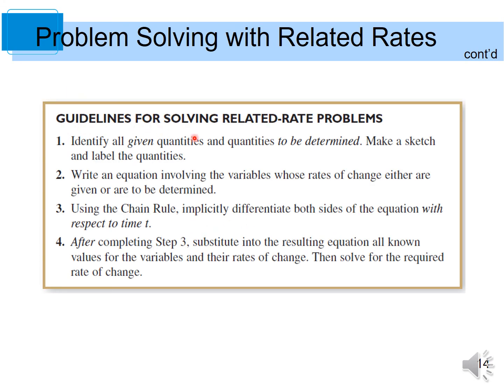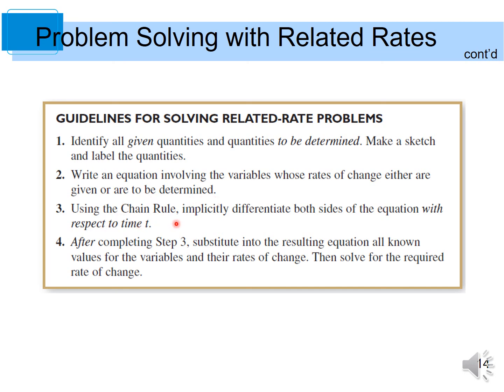The guidelines for solving related rate problems. First, identify all given quantities and quantities to be determined. Make a sketch and label the quantities. Write an equation involving the variables whose rates of change either are given or are to be determined.